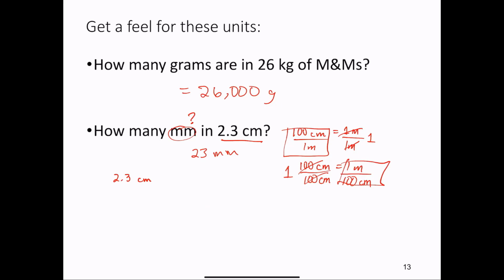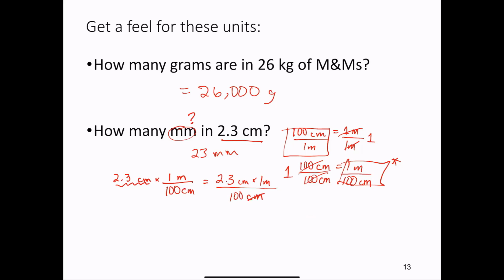So let me just show you the right way to do this first. I'm going to use this fraction. I'm going to multiply it by the quantity that I've started with, and I'm going to multiply by 1 meter over 100 centimeters, which is the same thing as saying 2.3 centimeters times 1 meter divided by 100 centimeters.